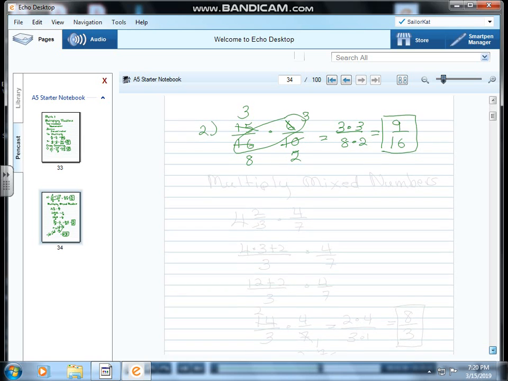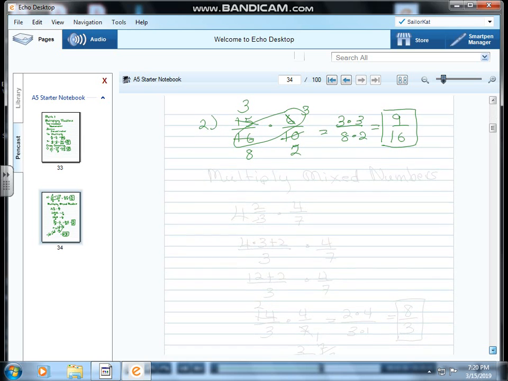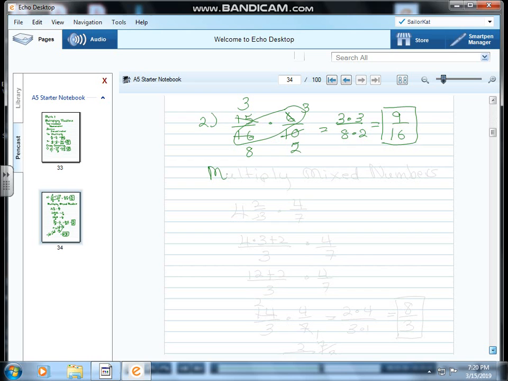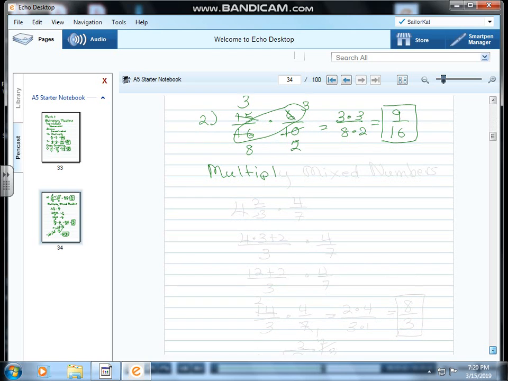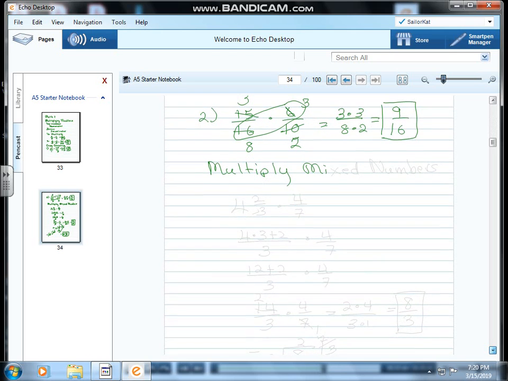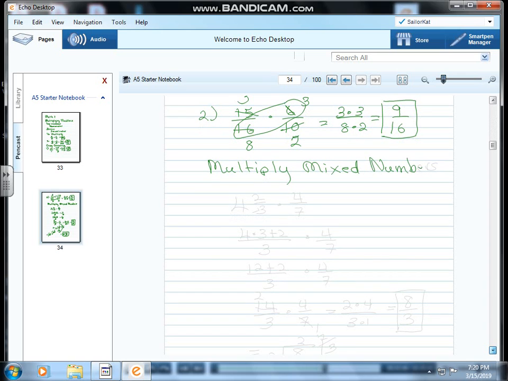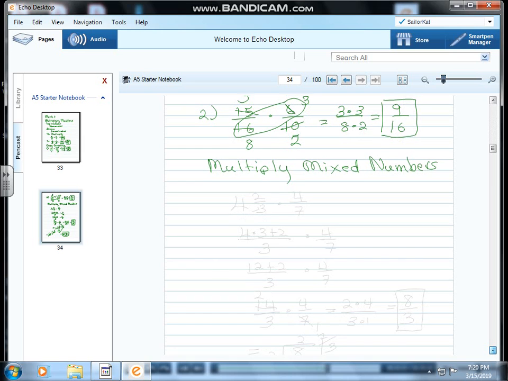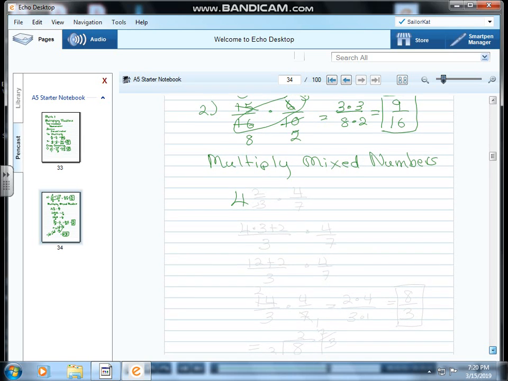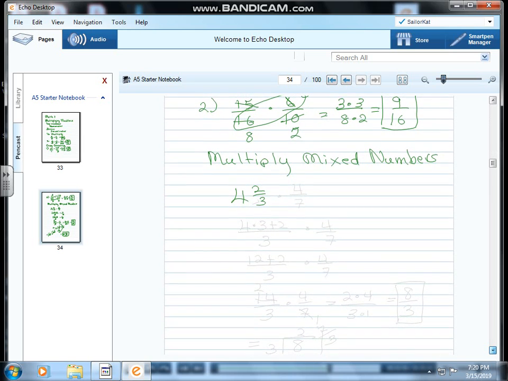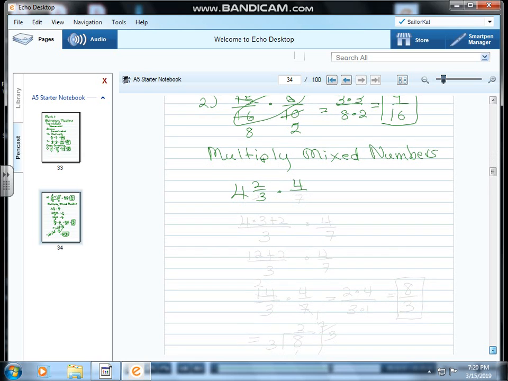The next thing that we have to learn is how to multiply mixed numbers. For instance, if you have something like 4 and 2/3 times 4/7.